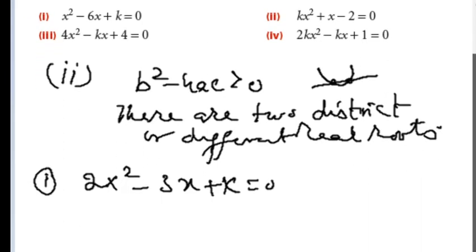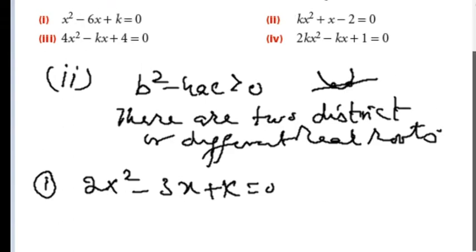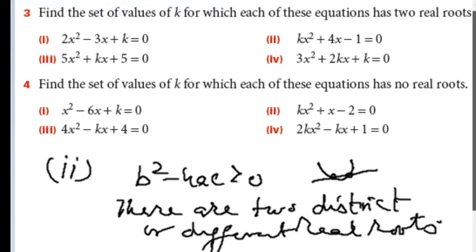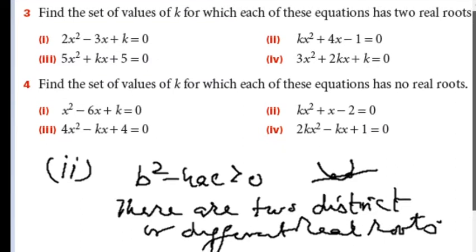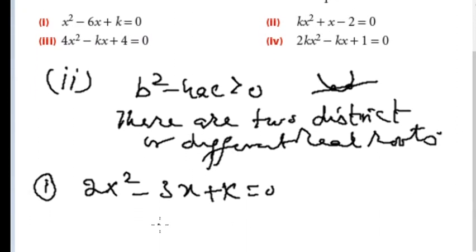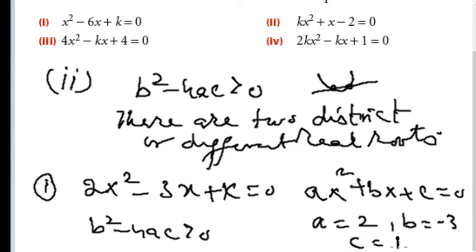The discriminant is greater than 0 because the roots are two different roots, as stated in the question. b square minus 4ac is greater than 0. The expression should be in the order ax square plus bx plus c equal to 0. A is 2, b is minus 3 here, and c is k.